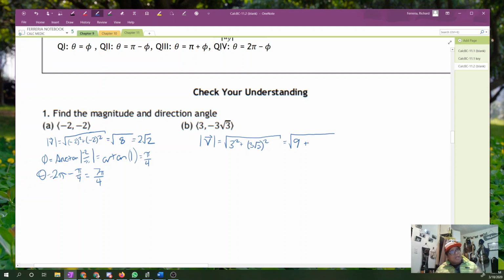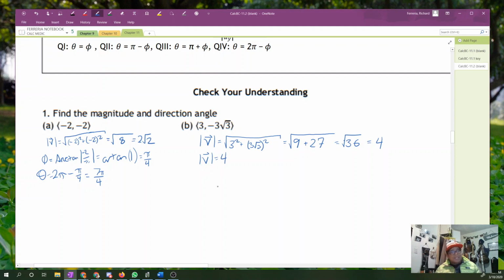That's going to be 9 times 3, which is 27. 9 plus 27, that's 36. Oh, hey, look at that. 36 is a perfect square. That's 4. So we've got the magnitude of v equals 4.